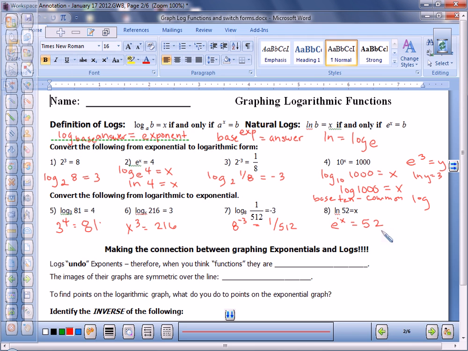Okay. So now let's see what we can connect between exponentials and logs. Since logs undo exponents, if we think of them as functions, we can think of them as what? Inverses.